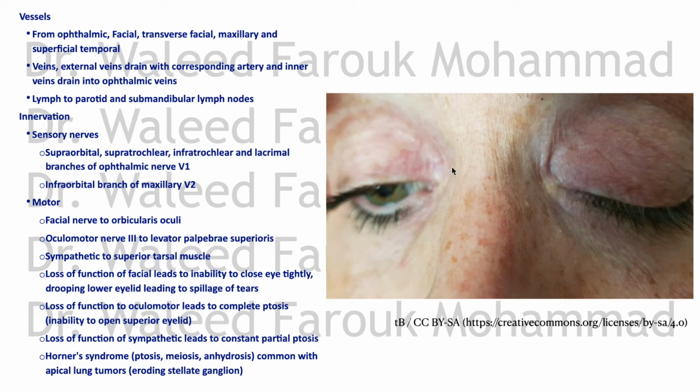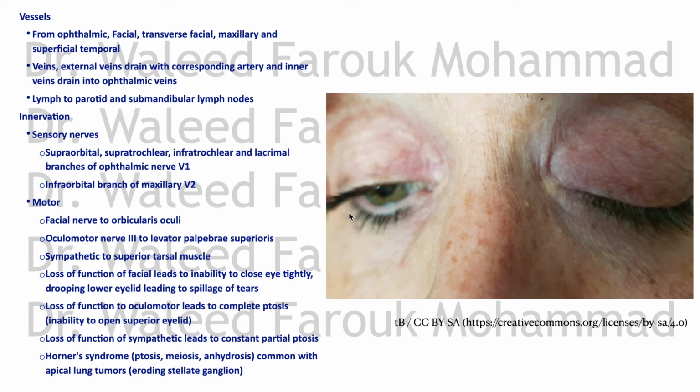Now the innervation. Sensory by the supraorbital, supratrochlear, and lacrimal, all from the ophthalmic. The upper eyelid is taken up by the ophthalmic, by the way, and the lower eyelid is taken up by the infraorbital nerve, which is a branch of the maxillary.